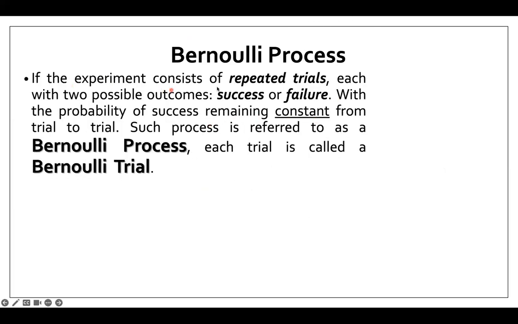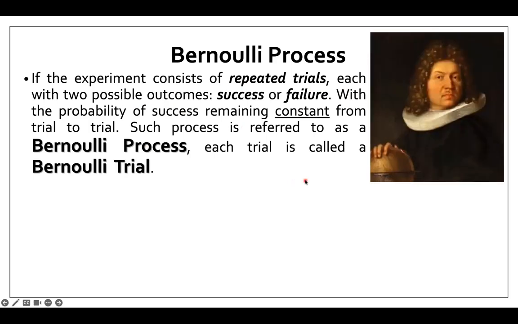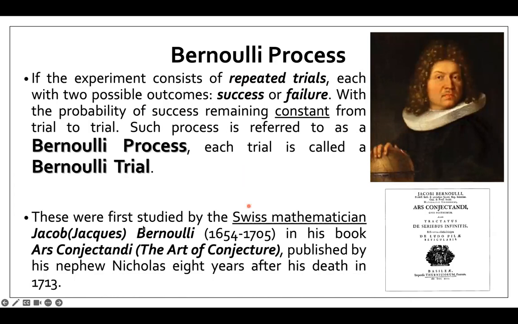If the experiment consists of repeated trials, each with two possible outcomes, success and failure, with the probability of success remaining constant from trial to trial, such a process is referred to as the Bernoulli process. And each trial is what we call a Bernoulli trial, which came from the mathematician Jacob, or Jackson in some books, Bernoulli, from his book Ars Conjectandi, or The Art of Conjecture, published by his nephew Nicholas 8 years after his death in 1713.